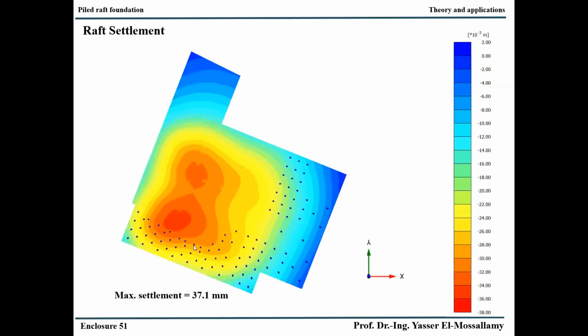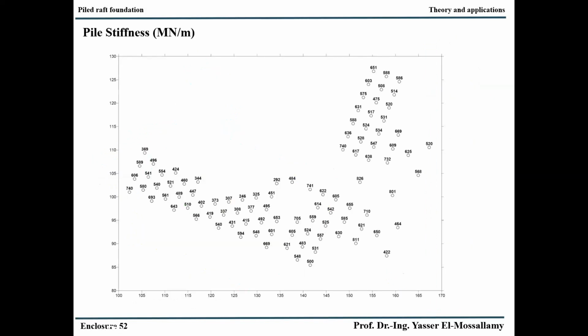You can see here we have a settlement of about 37 millimeters. Then we can calculate the pile stiffness for each pile, because each pile has a different length and also a different location. Therefore, each pile has its own stiffness, and we gave this stiffness and the raft contact subgrade reaction modulus to our structural engineer to complete their analysis.